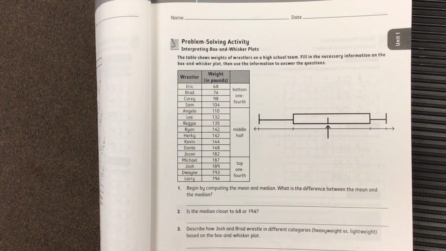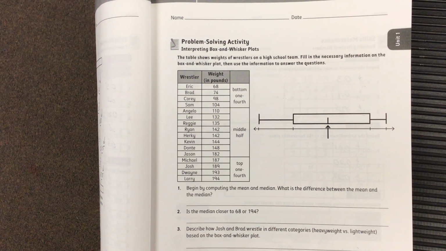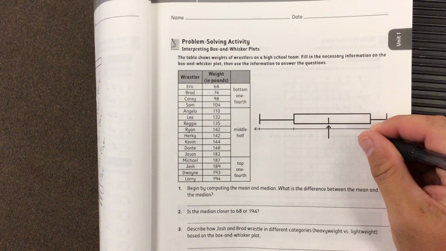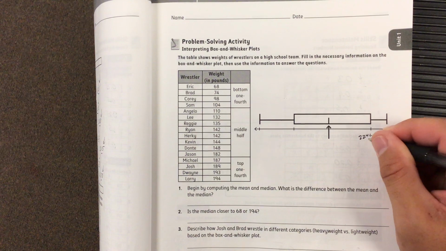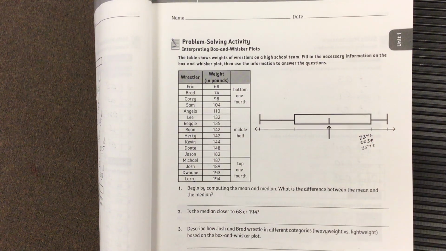What'd you get? 2239? 2242. So we got 3 different answers so far. We got 2242, 2239. I have 2542.